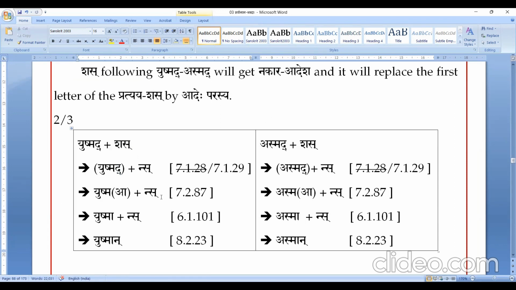By 7 to 87, it gets Adesha. Akara Adesha, the Antasya Ravastare, therefore Yushmans you get. Yushman, therefore we can apply Sayogantasya Lopaha, Yushman. Similarly, Asmans, therefore Asman. Okay. So Yushman, Asman, Dvitiya Vibhakti, Bahuvachana Rupam.